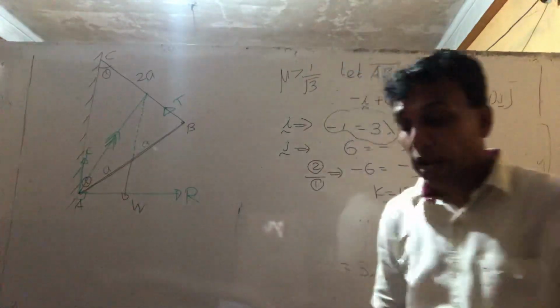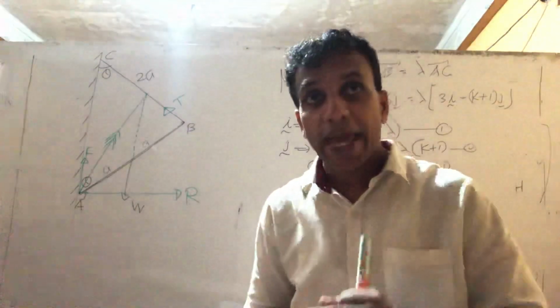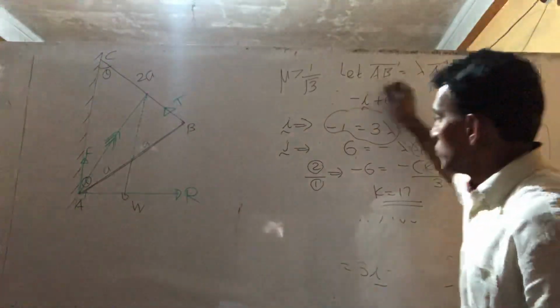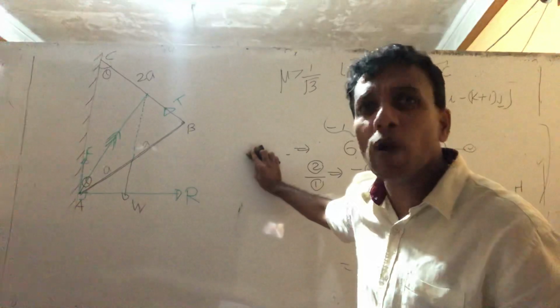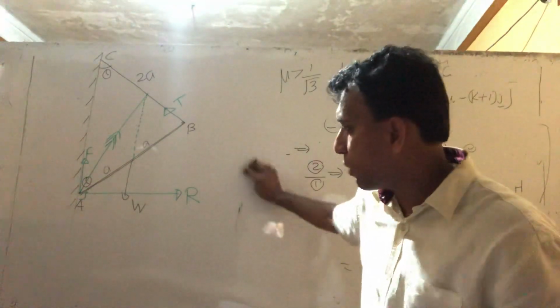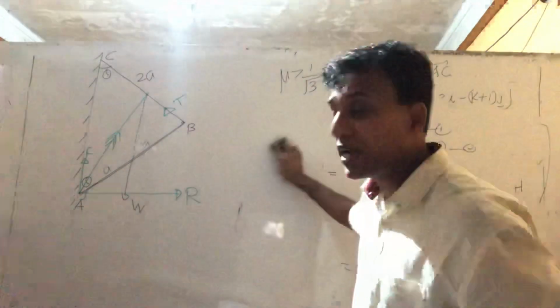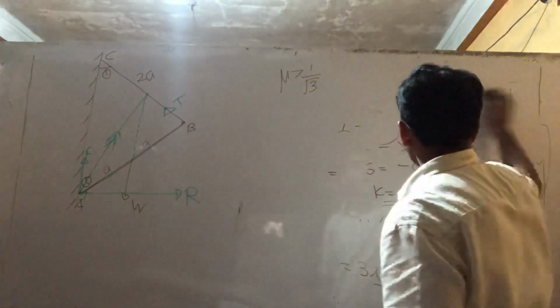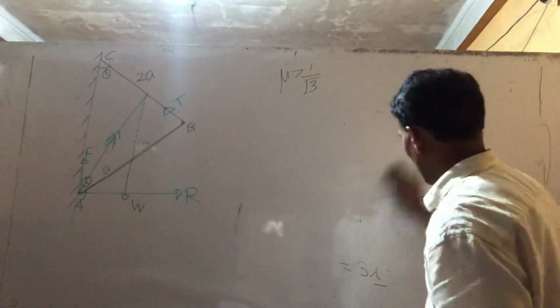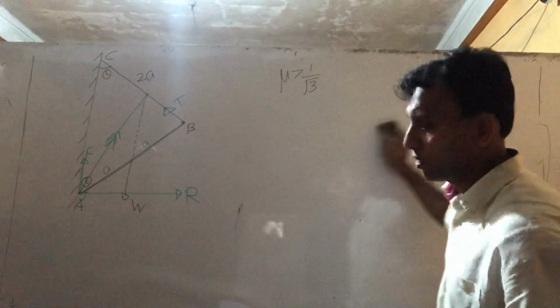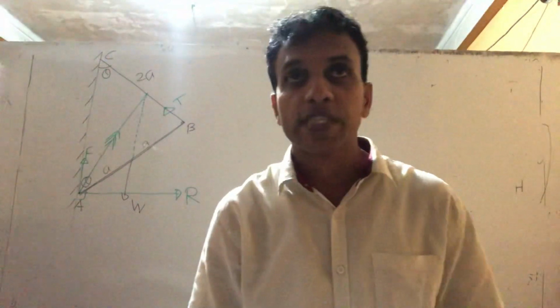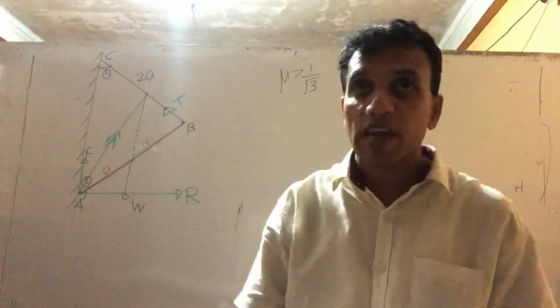So we have to show that the coefficient of friction exceeds 1 over root 3. I hope you know what mu is: friction force divided by the perpendicular reaction gives you the mu value, the coefficient of friction. Therefore try to solve this diagram to find F and R.